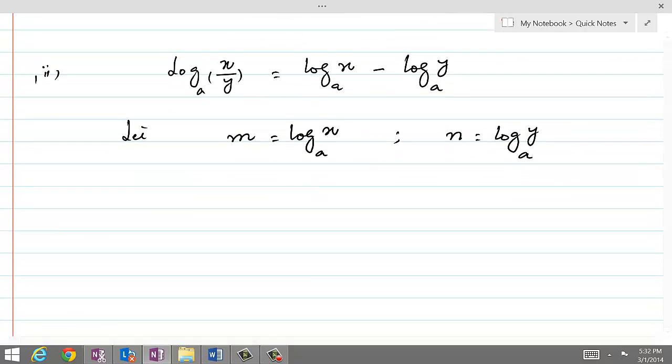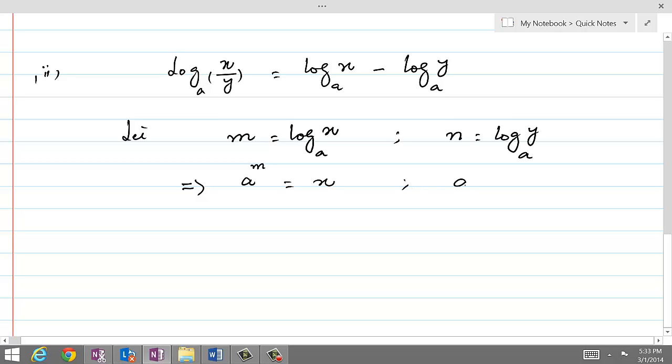We are going to use exponential form. Therefore, this is a power m equal to x, and here it's a power n equal to y.